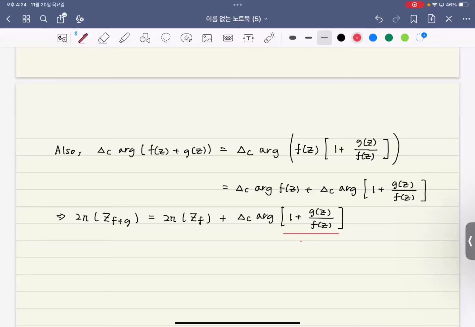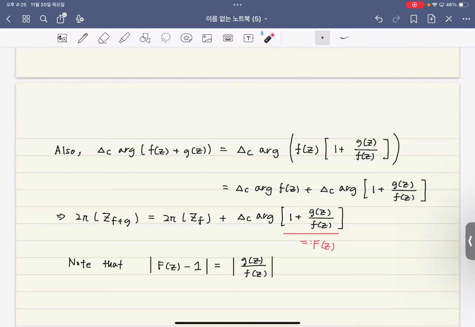Let me call this function large F. I want to consider the modulus of this function, which is just the modulus of f of z.